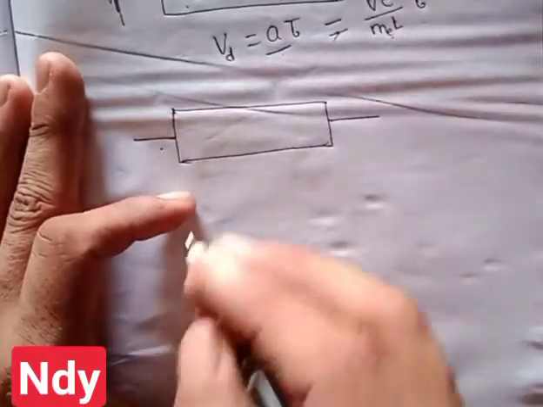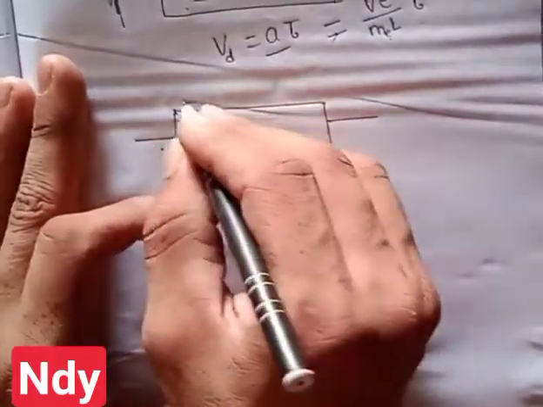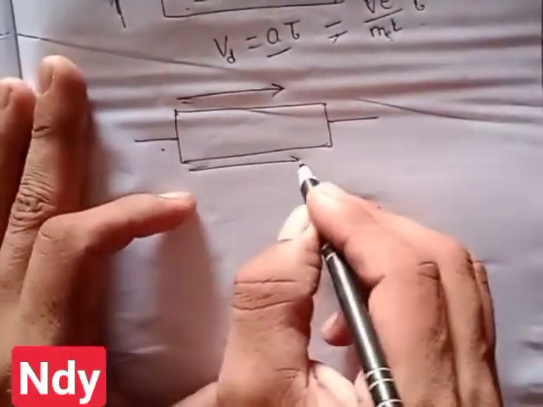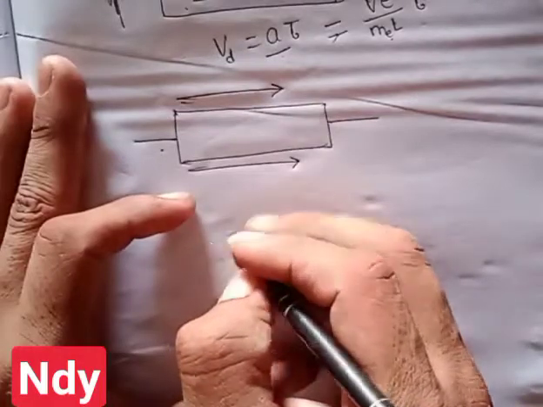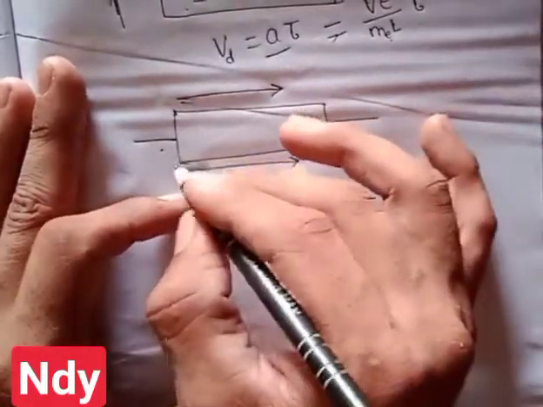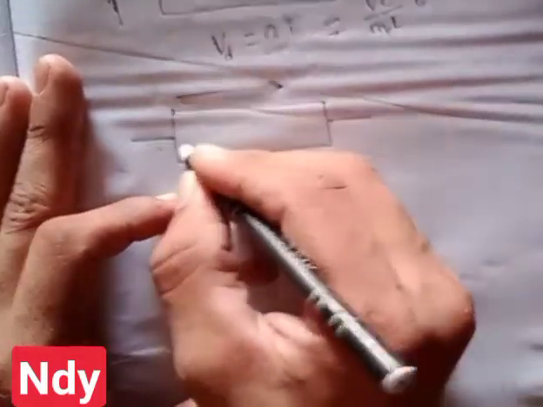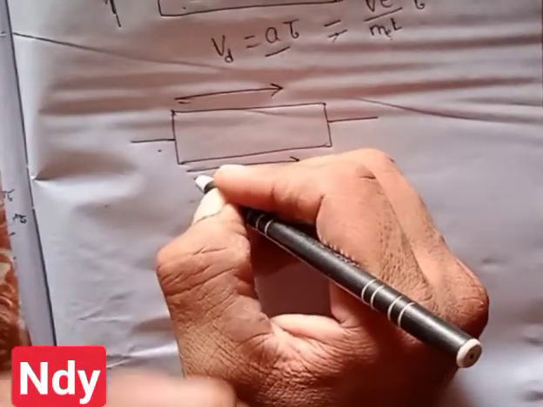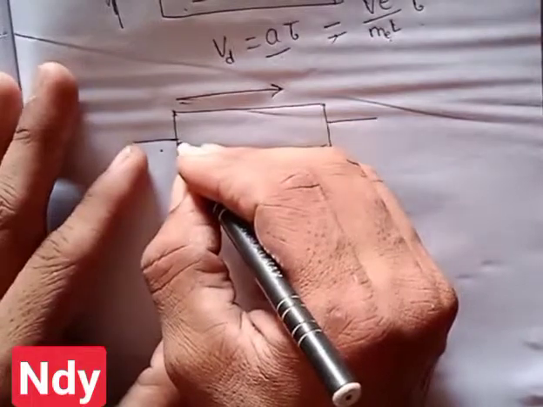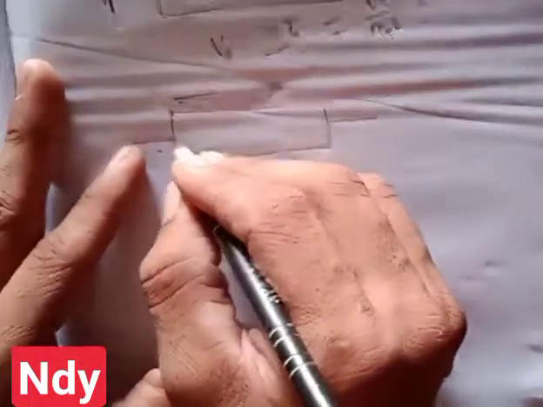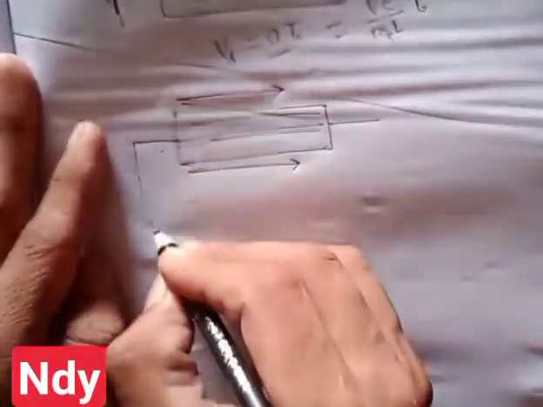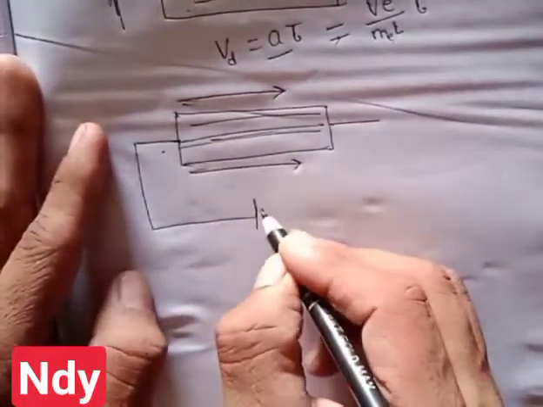Let this be the direction of motion of electrons. Now, after what time interval will every electron of this metal pass out of the metal? Let this be a battery.